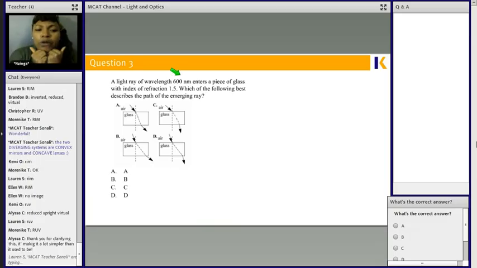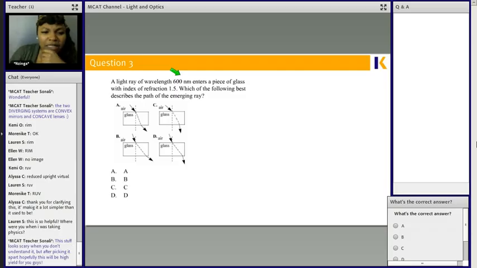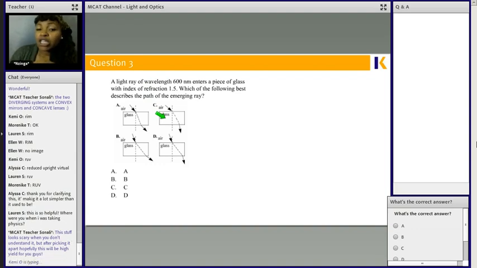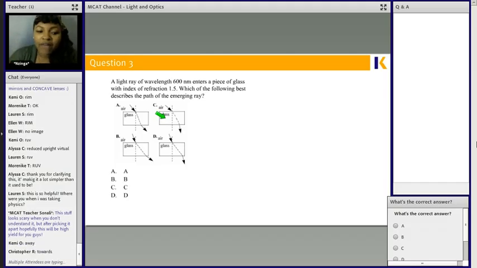We want to know the path of this emerging ray. Awesome. I'm glad, Alyssa and Lauren. So it enters a piece of glass. The piece of glass has a higher value of n. Since it has a higher value of n, should the light ray move towards the normal or away from the normal?